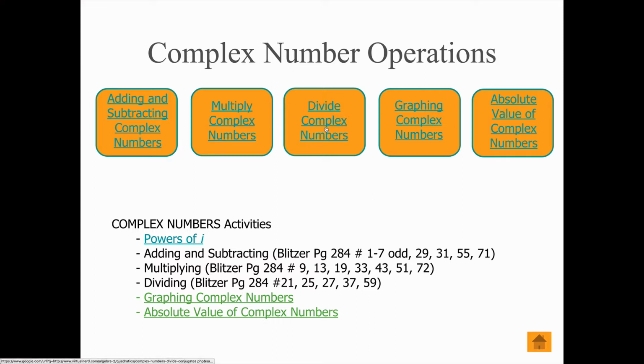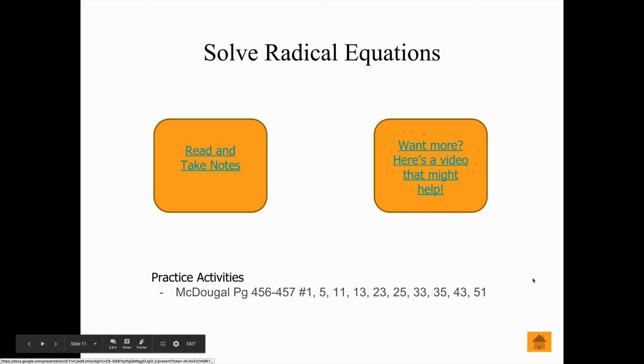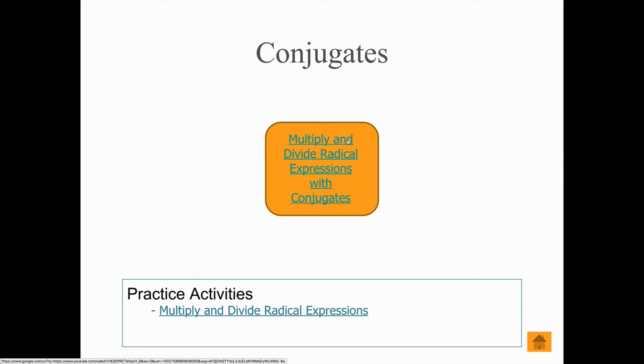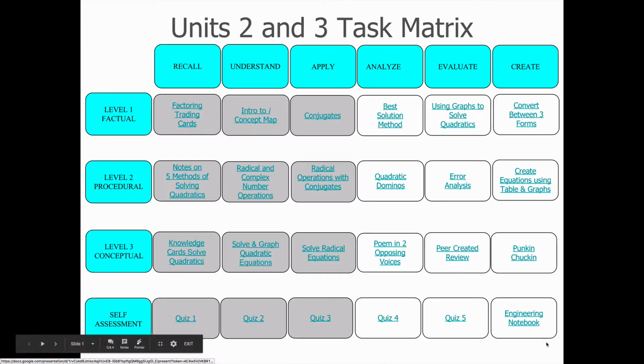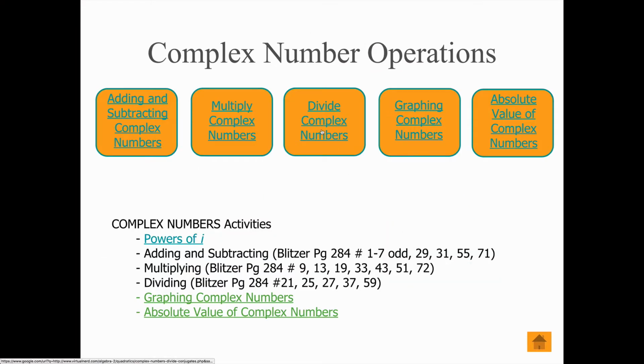But when you get to divide complex numbers, you want to stop, and you want to go to conjugates, and complete the work with conjugates before you come back and complete this divide and graphing and absolute value of complex numbers. So we're off a little bit on our order, so you need to pay attention to that.